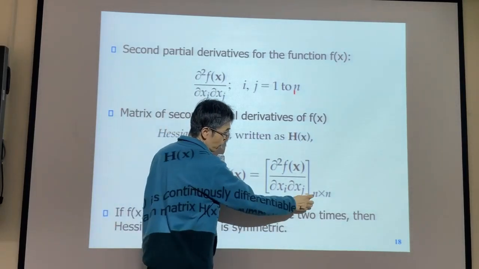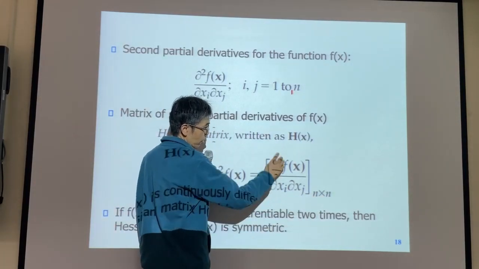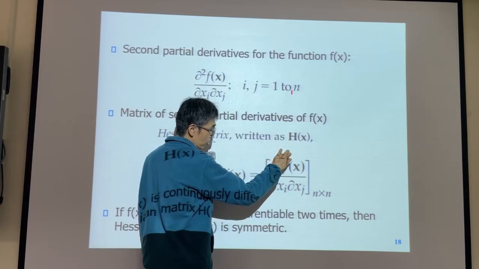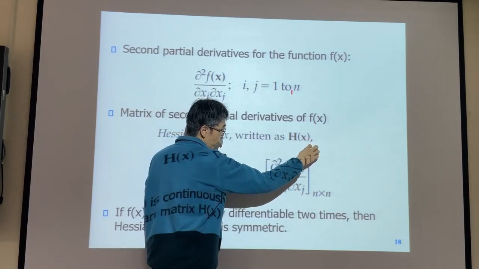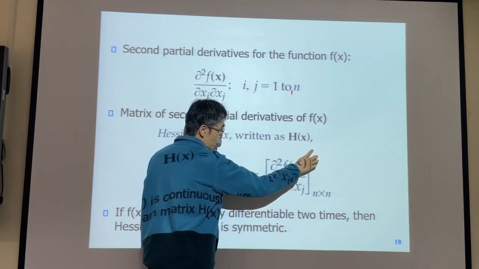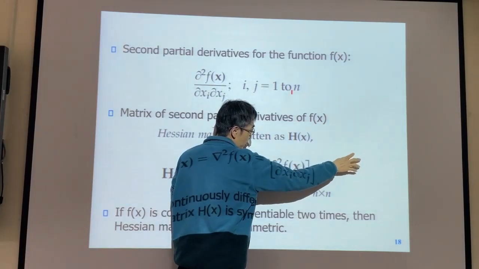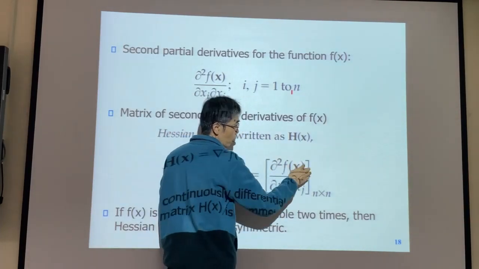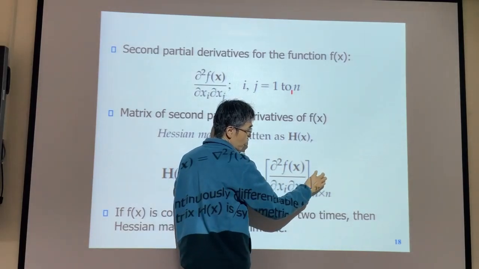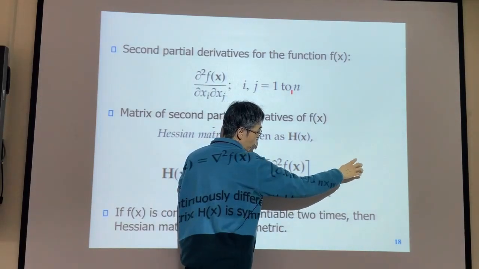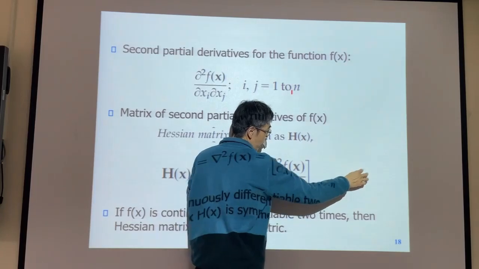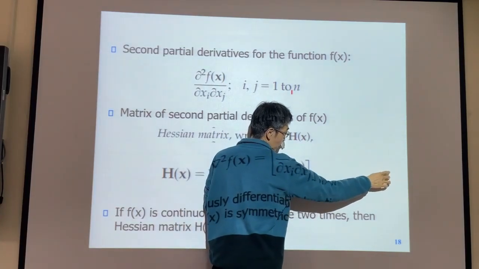If this is 3 by 3, it means partial f, partial x1, partial x1, partial f, partial x1, partial x2, partial f, partial x1, partial x3. Then the second row: partial f, partial x2, partial x1, partial f, partial x2, partial x2, partial f, partial x2, partial x3.